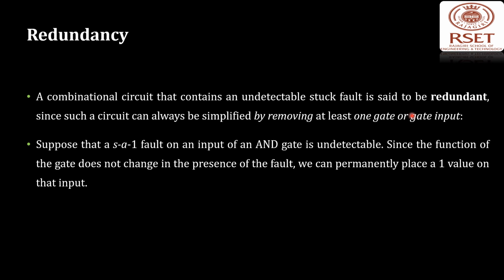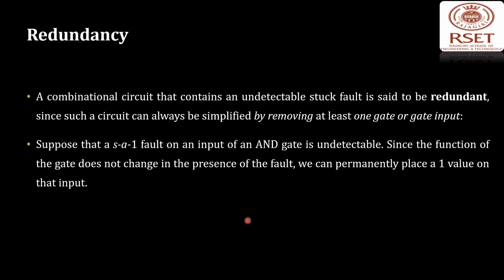How can we solve this issue? Now consider a situation where we have an SA1 fault, which is stuck at logic value 1, on an input of an AND gate, and that is undetectable. Why is it undetectable? Since the gate output does not change in the presence of the fault. How can we solve this issue? We can permanently place a 1 value on the input.